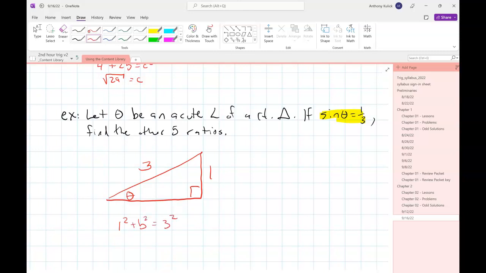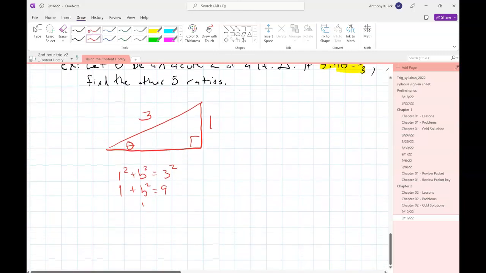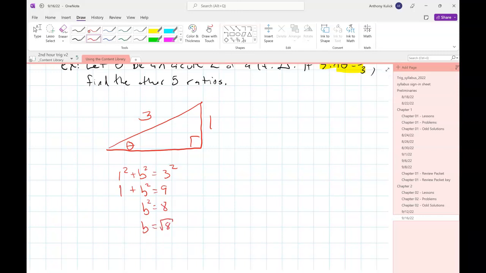Very good. Again, we had to be careful there that we made sure that the hypotenuse was our C in the Pythagorean theorem. Can we do better than the square root of 8, though? Do you remember how you simplify radicals?